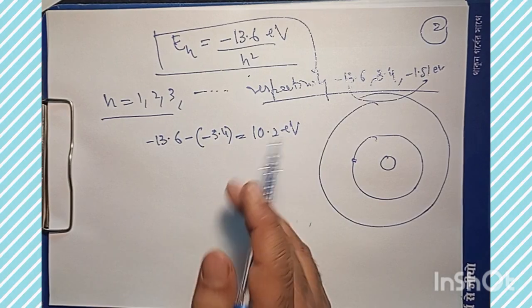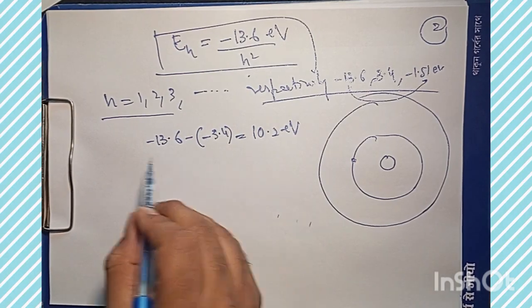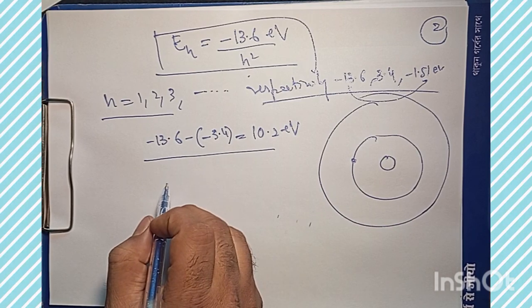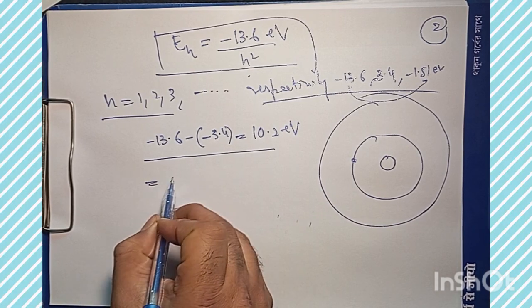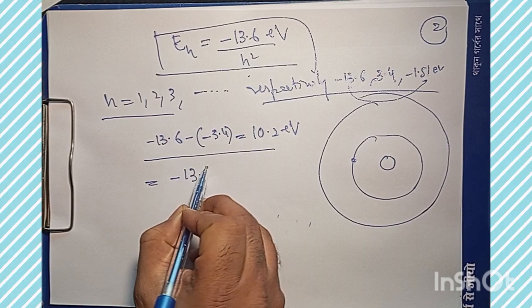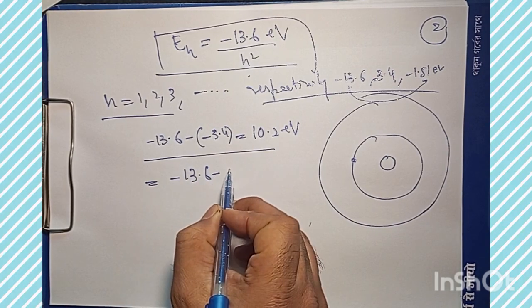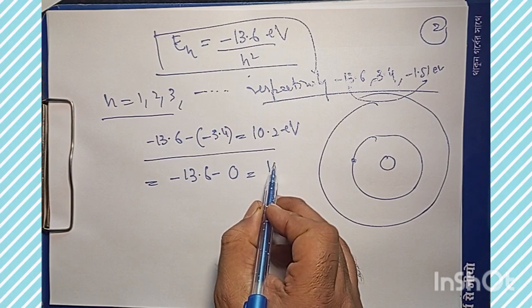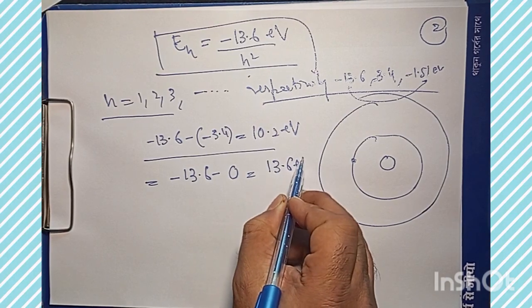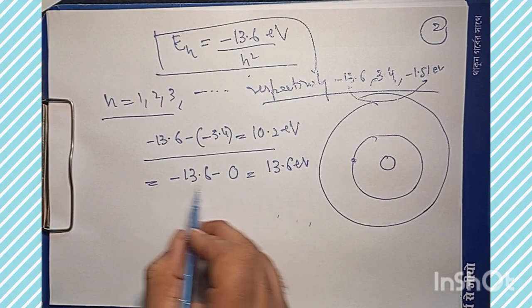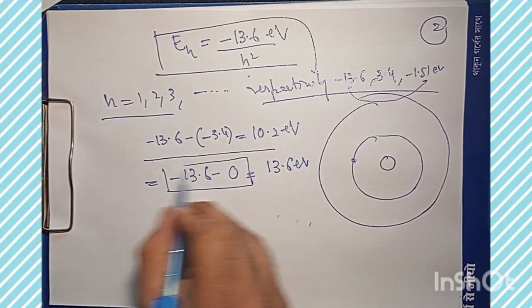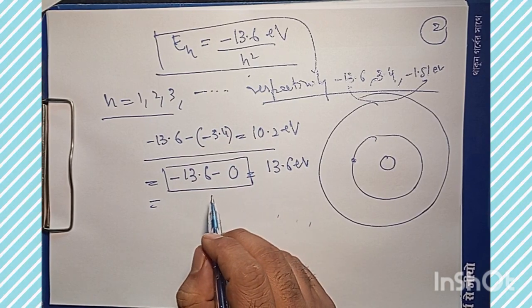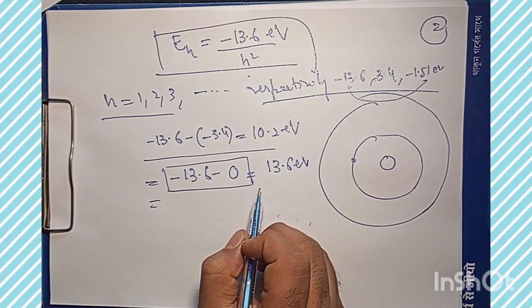To ionize the electron, I have to give the energy minus 13.6 minus 0, that is 13.6 electron volts, if we take the convention reversed.